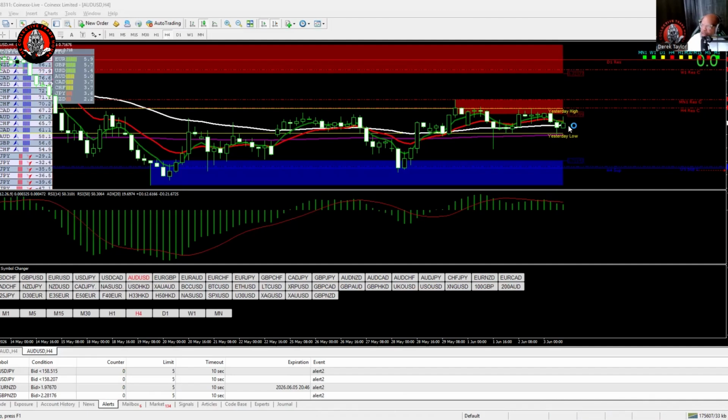But the other thing too is, see this green line here? This is what we call the 5 moving average. Moving average is giving us the price of this particular pair over the last 5 days. It's also nicknamed the money line because it follows price. This orange or red line here is called the 13 moving average.